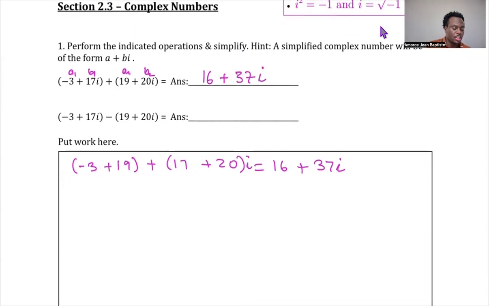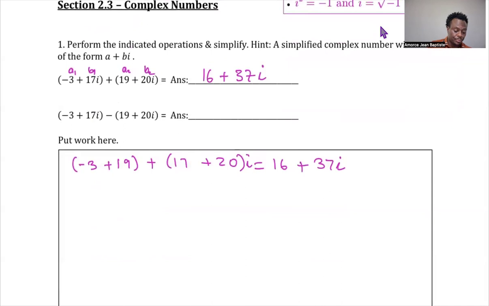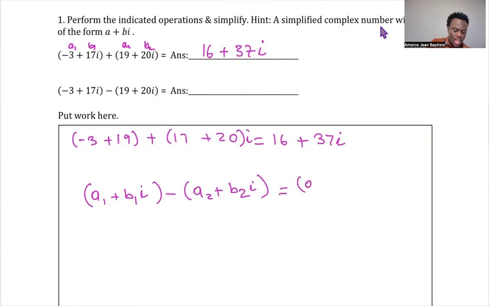And the next one is subtraction, same thing. If I have a1 plus b1i minus a2 plus b2i, that will be a1 minus a2 plus b1 minus b2 i.